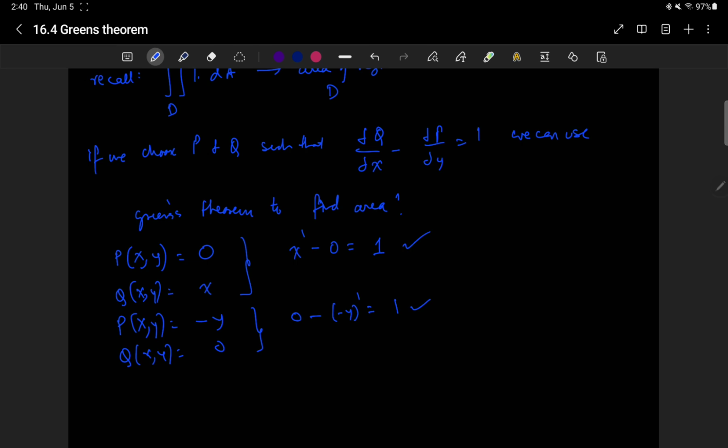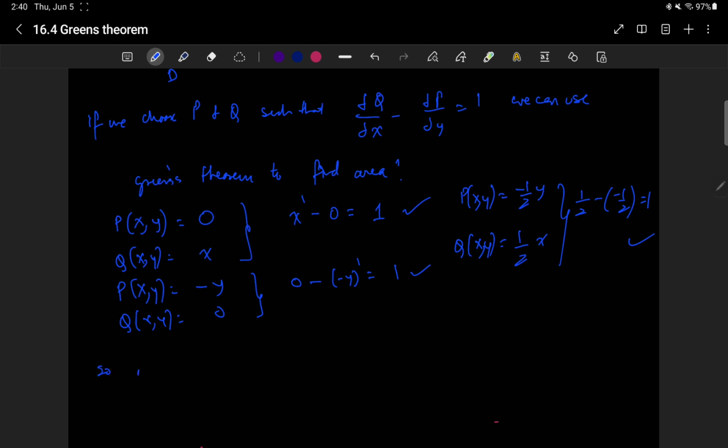Or you could choose somewhat complicated stuff, like P(x,y) is negative half y and Q(x,y) is half x. So then this becomes, when you take the derivatives, 1/2 minus negative 1/2, which is 1.